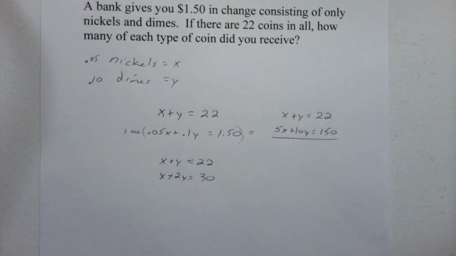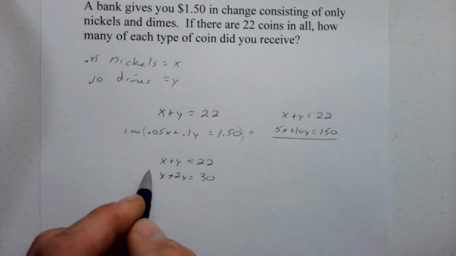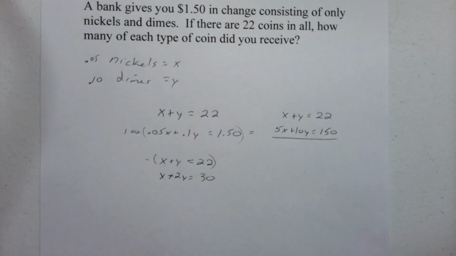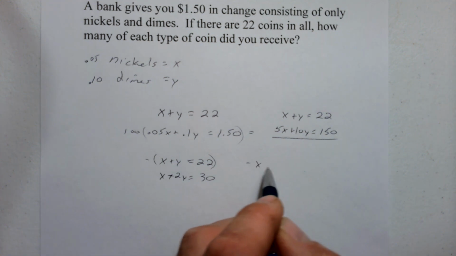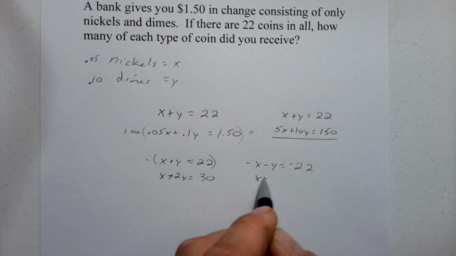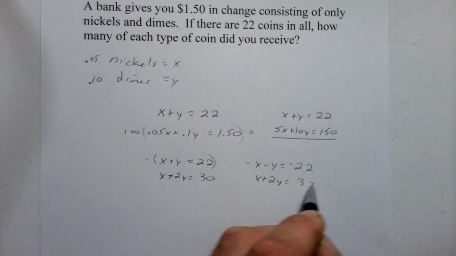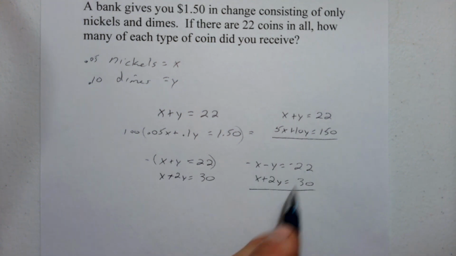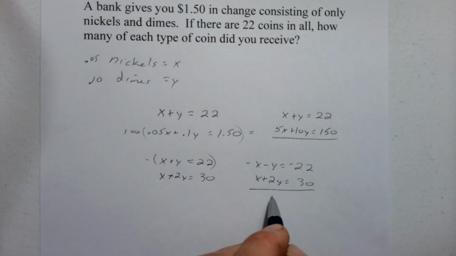And that actually becomes a little easier problem, doesn't it? So now, if I multiply my top equation by a negative, that's going to eliminate my x's. So I get negative x minus y equals negative 22, and x plus 2y is going to equal 30. Adding these two equations together, my x's cancel, so I get y equal to 8.